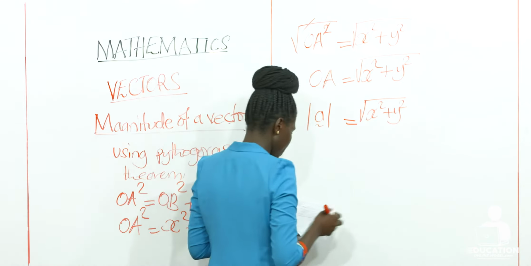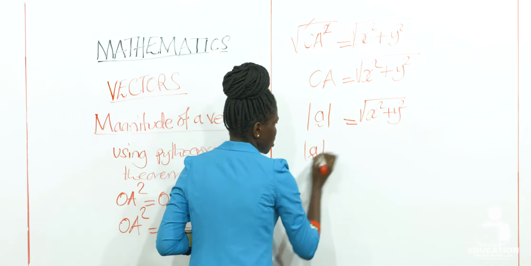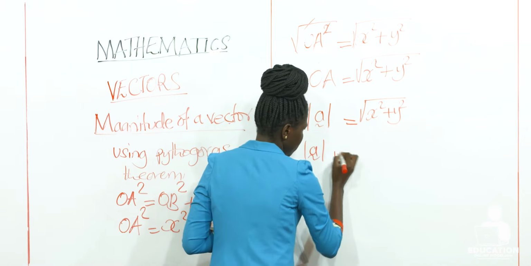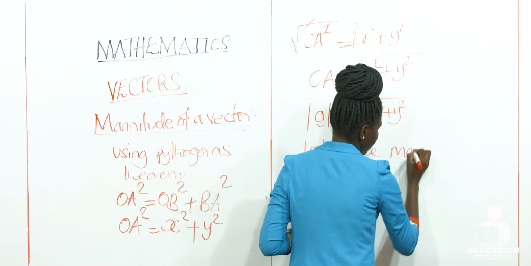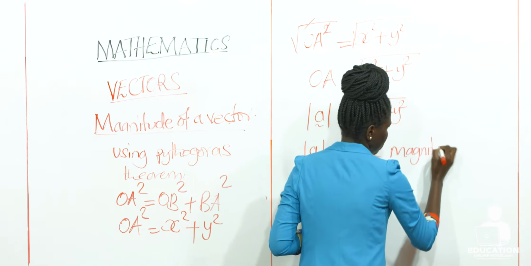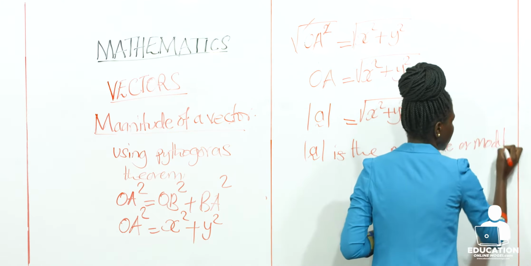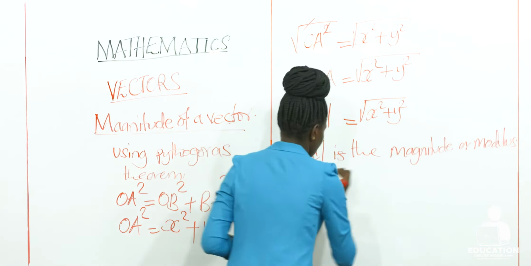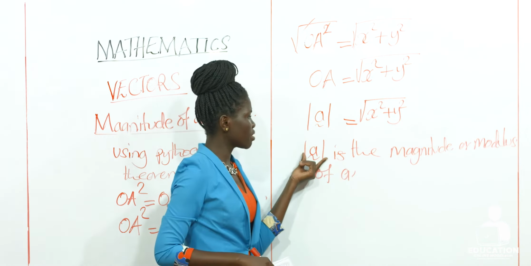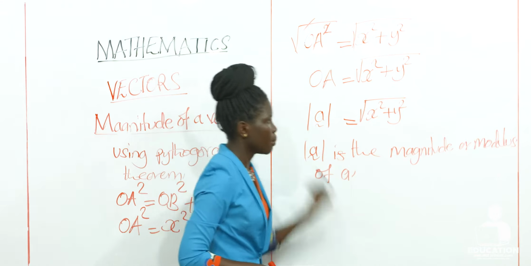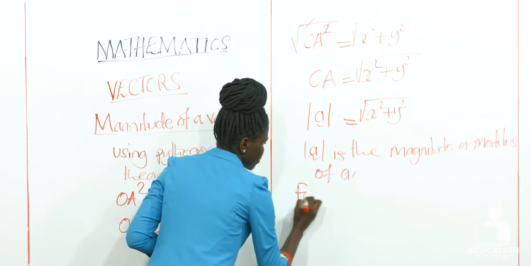Let's first explain this: the magnitude of A is the magnitude or the modulus of A. So this sign simply shows that it is the length, the magnitude or the modulus of A. Let's have an example.